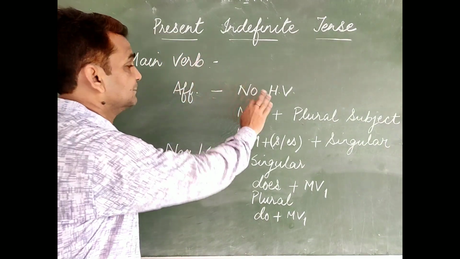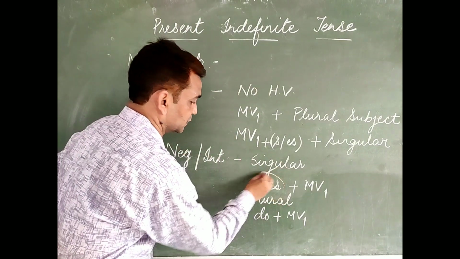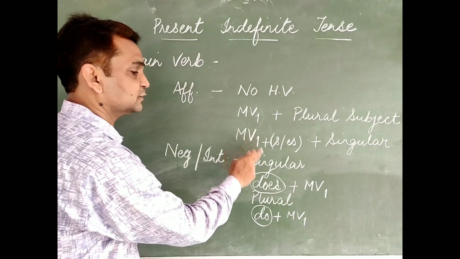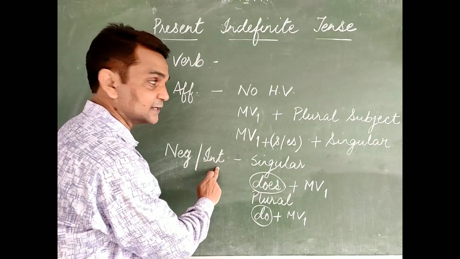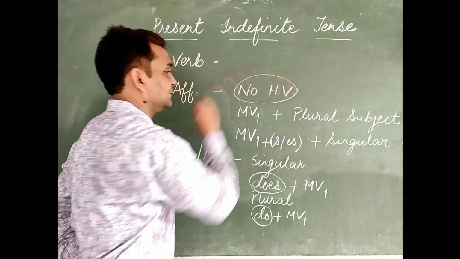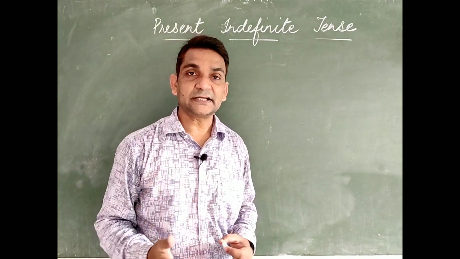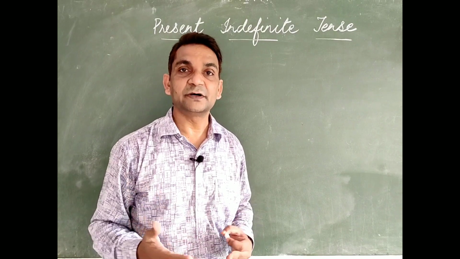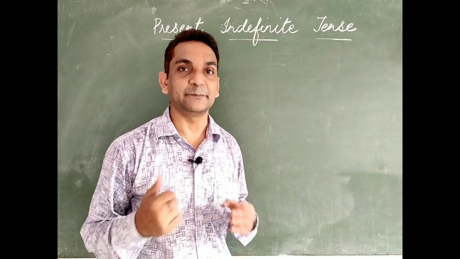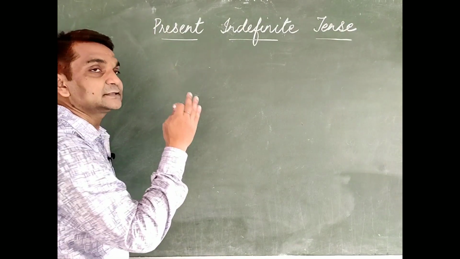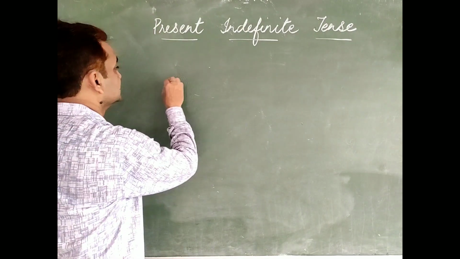So helping verb do and does, they will be used only in negative and interrogative. In affirmative sentence, there will be no use of helping verb. Now let's understand the use of helping verbs and the main verbs with the help of some examples. Suppose that I write an affirmative sentence.